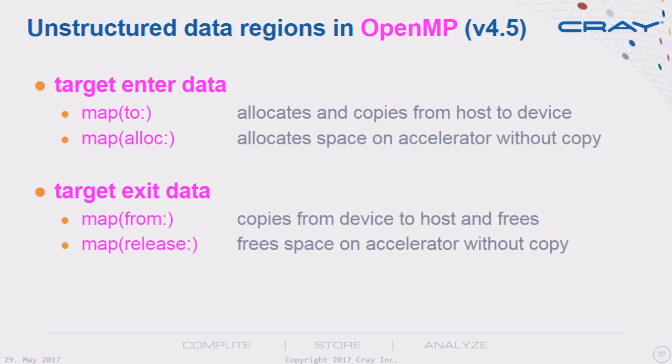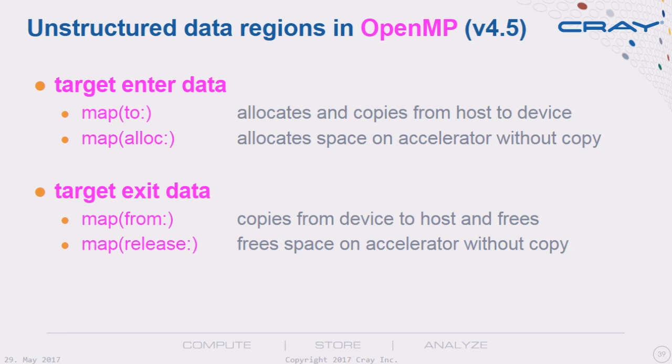As an example in OpenMP, you just specify target enter data for the beginning of the data region and target exit data for the end of the data region, and you separate that for the different variables, in contrast to the structured data region we had before, where we said we have a data region for our array A, which is then maybe just copied back.